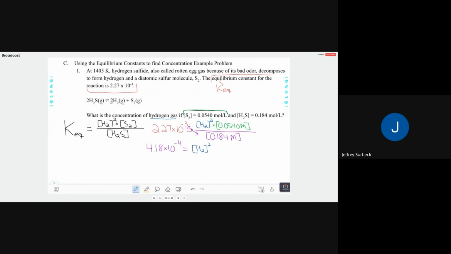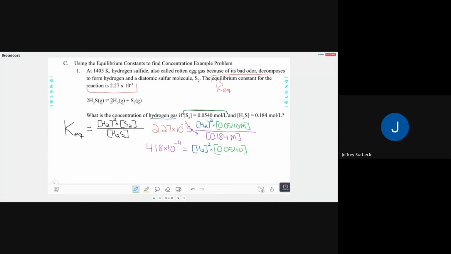And then we multiply this by our given value for our S2, which is 0.0540.